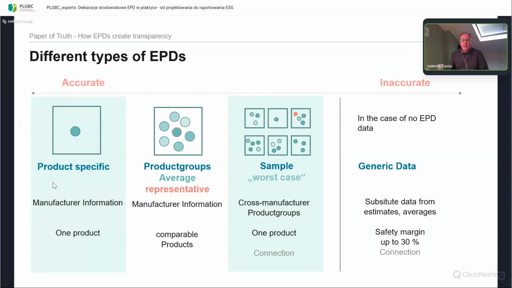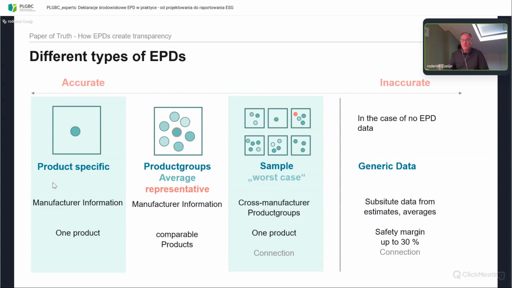The third one, a cross-manufacturing group EPD, is an EPD made of data, for example, by HUD, collected from various suppliers, and then they take the worst case average data of that product. So if a company uses a cross-manufacturing group EPD, it's always worst case, but not the actual data.